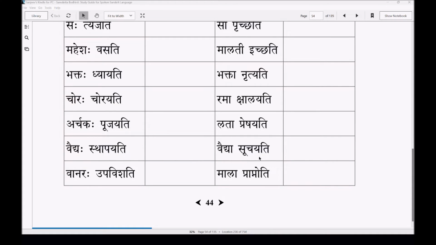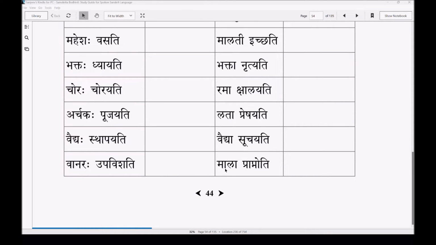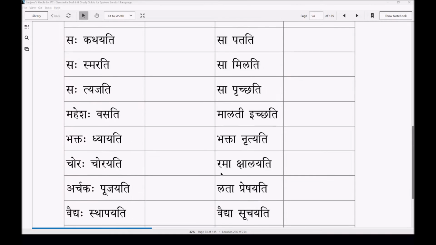Vaidya suchayati. Suchayati means informing. Vaidya, lady doctor, suchayati, informs. Mala prapnoti. Prapnoti means attains or reaches something. Mala. Any question?